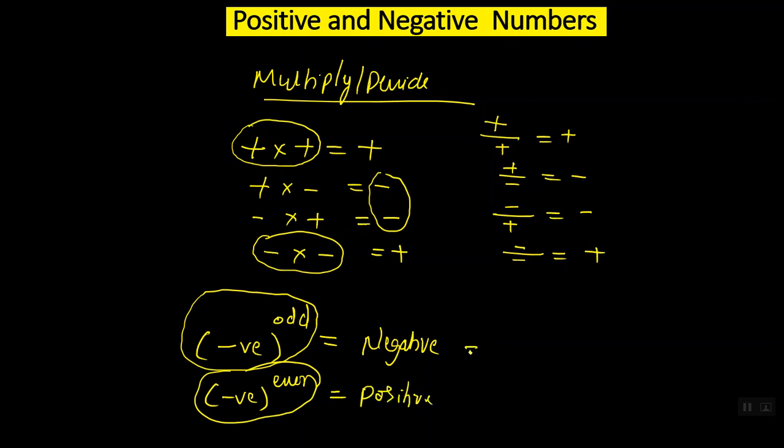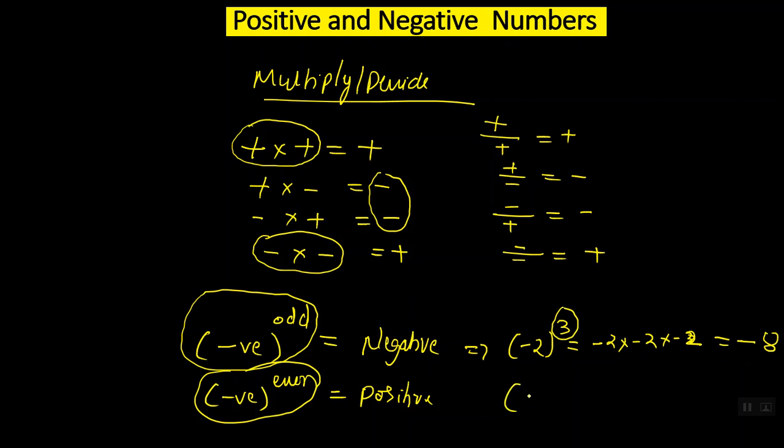Okay, so let me just give an example. Negative 2 to the power 3, what is it? Negative 2 times negative 2 times negative 2, correct? What is this entire thing? Negative times negative is positive, 2 times 2 is 4, positive 4 times negative 2 is going to be negative 8, isn't it? So the sign is going to be negative as the power here is odd.